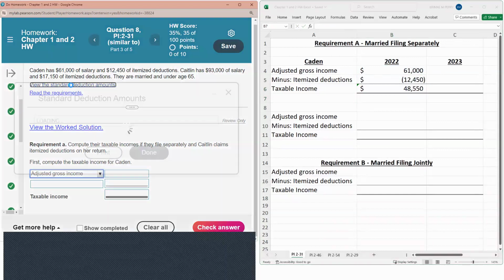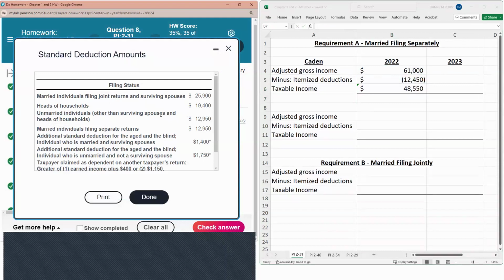So if we compare it to the standard deduction amounts, for a married individual filing a separate tax return, for 2022 the amount is $12,950, and for 2023, the amount is $13,850, right?